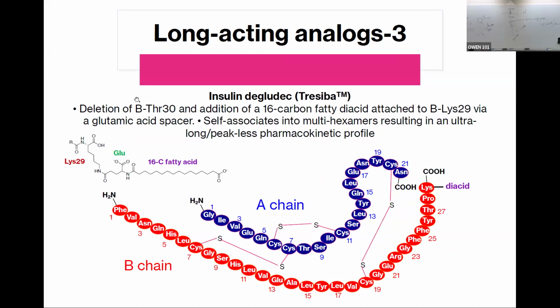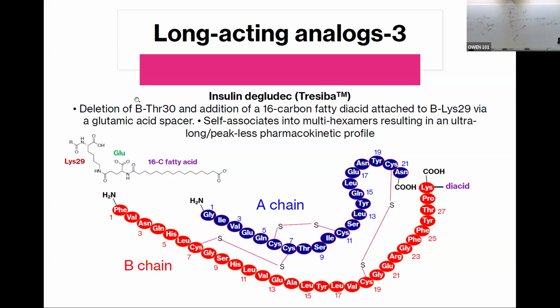You have this side chain fatty acid with lysine 29 as the linker there. Sorry, this is lysine 29. The linker is glutamate. No, glutamine. No. What?